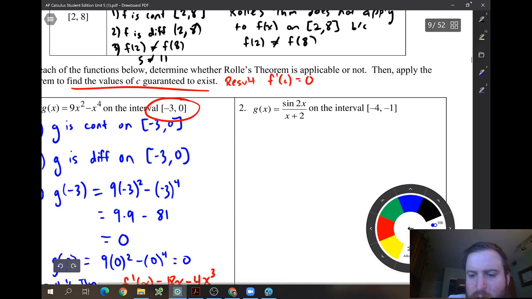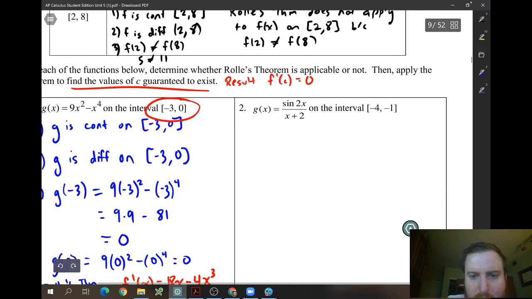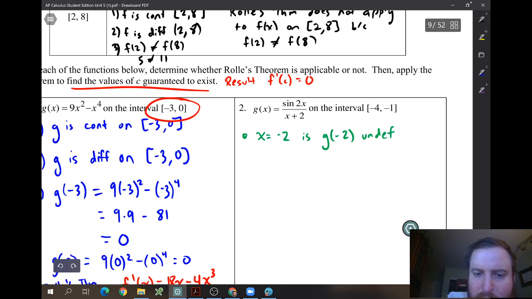Okay, next we have sine of 2x divided by x plus 2. Now, sine and cosine are continuous for all real values. So the numerator is continuous, but the denominator is not continuous at x equals -2. So g of -2 is undefined or DNE. So it's not continuous at x equals -2.